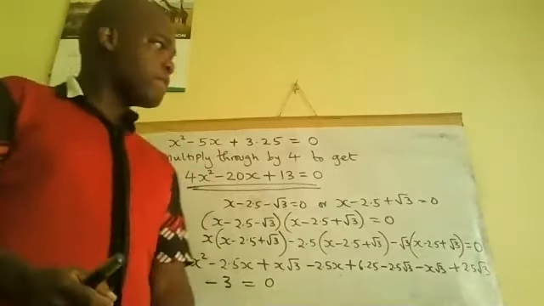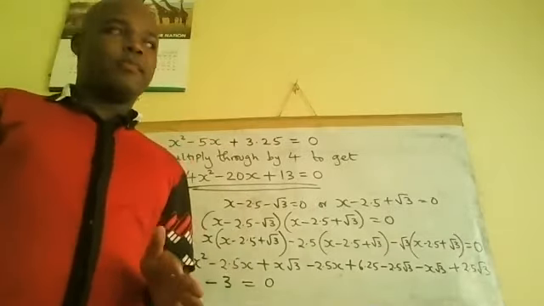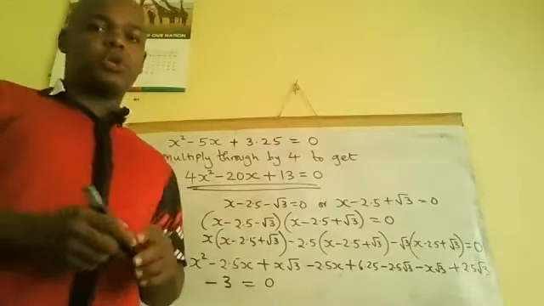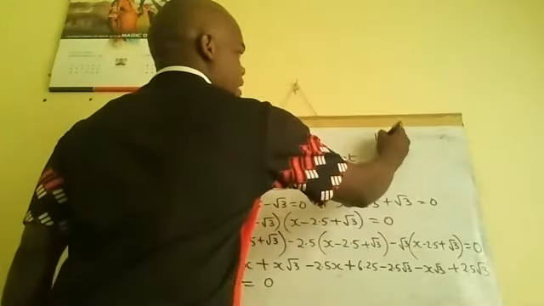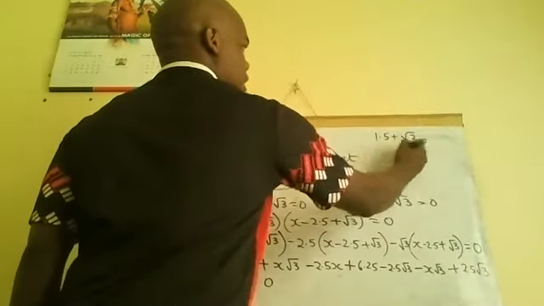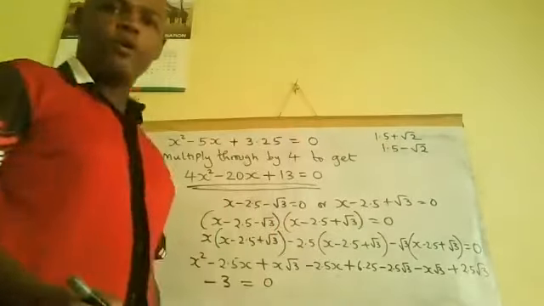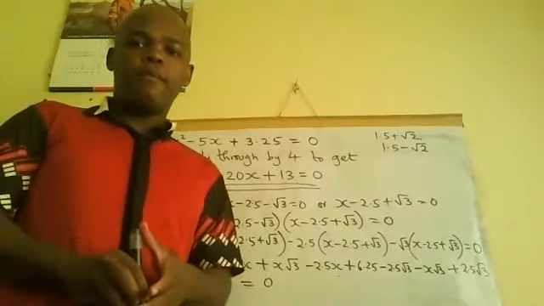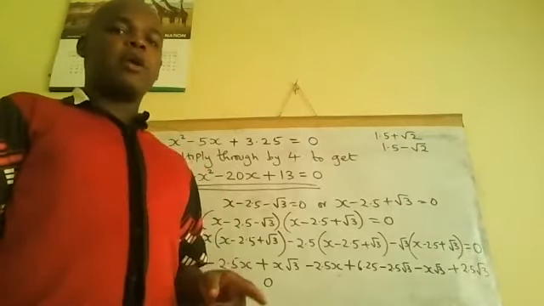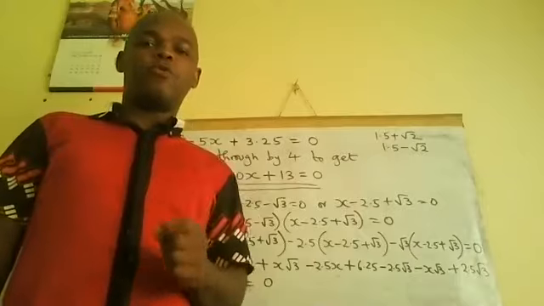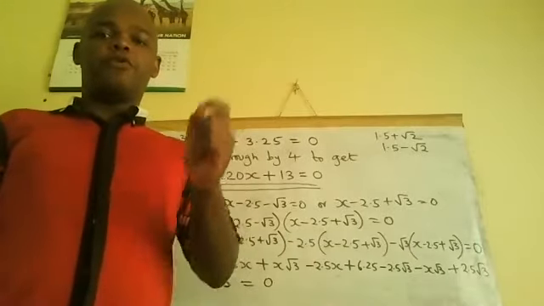I want you to, maybe in 2 minutes time, form a quadratic equation whose roots are 1.5 plus square root of 2 and 1.5 minus square root of 2.